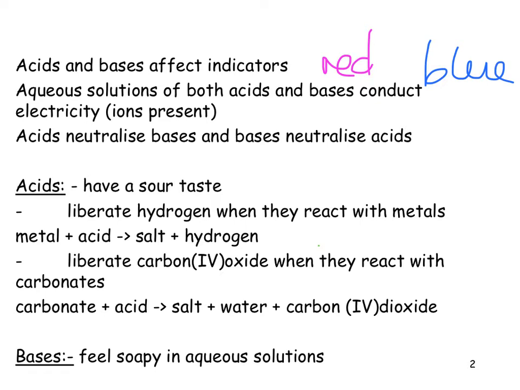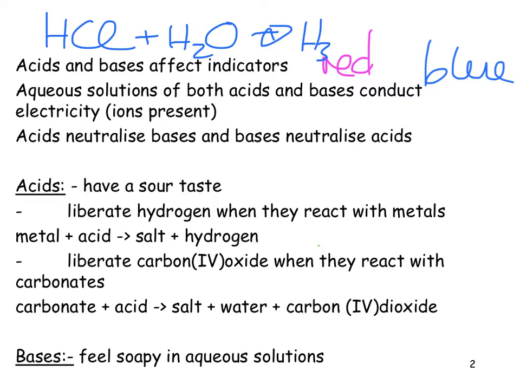Aqueous solutions of both acids and bases will conduct electricity. Why is that? That's because they've got ions present. We're going to look at that ionization in a little bit more detail, but let's just do one example. If I, for example, have HCl and I put it into water, I am going to get the H3O+ ion and the Cl- ion.